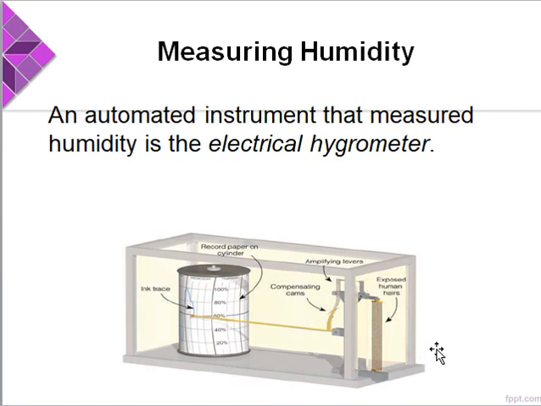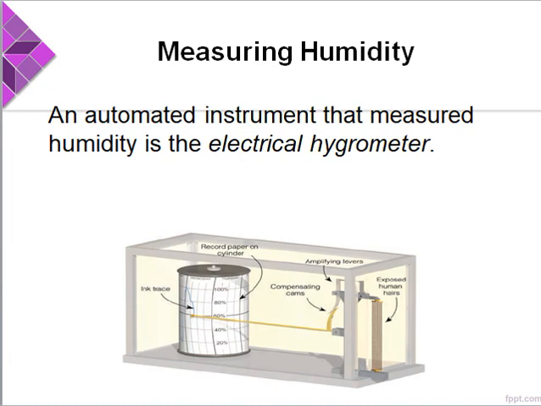Also, an automated instrument that measures humidity is the electrical hygrometer. It consists of a flat plate coated with a film of carbon, and an electric current is sent across the plate.